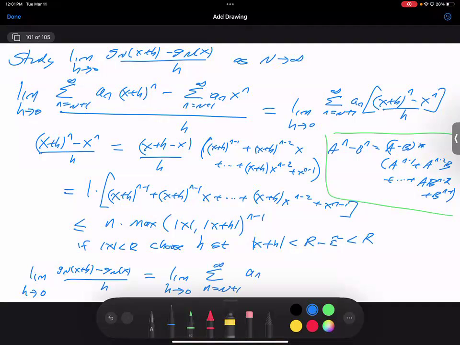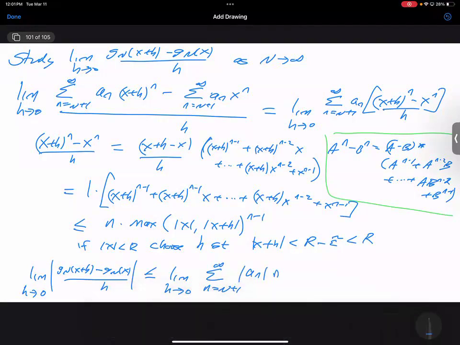We'll have our a_n, I'll put in absolute values, and then we're going to have n times, let's say, r minus epsilon tilde to the n. Is that going to converge? The extra factor of n, is that going to change the radius of convergence? No. And so this is going to converge, and because it's the tail, it's going to go to 0. So it converges and goes to 0.